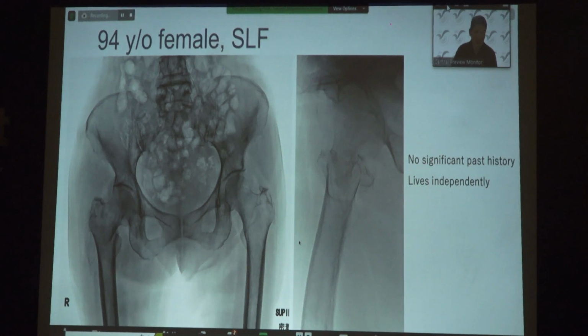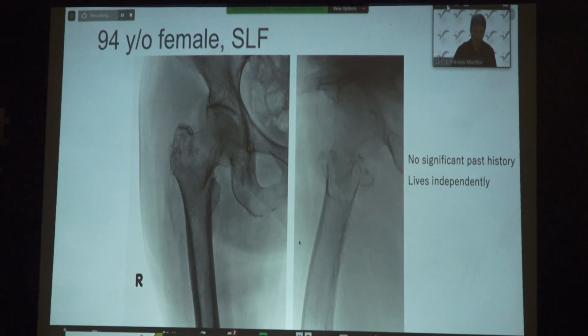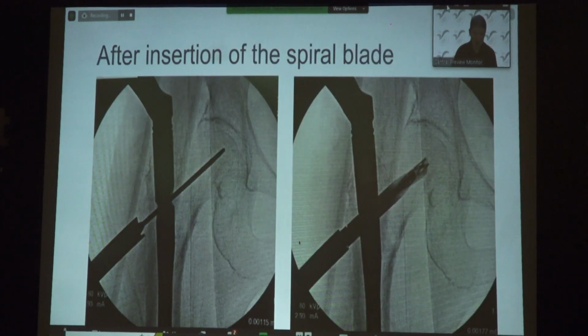This was a 90-year-old female, same-level fall, very osteopenic bone, but she was healthy and lived independently. I went on to do the reduction and got a pretty good reduction, and I placed my guide wires at the center position.